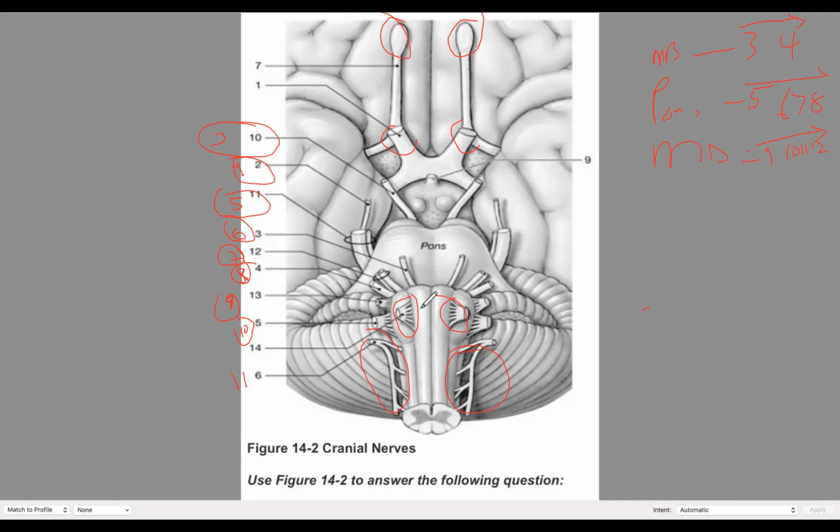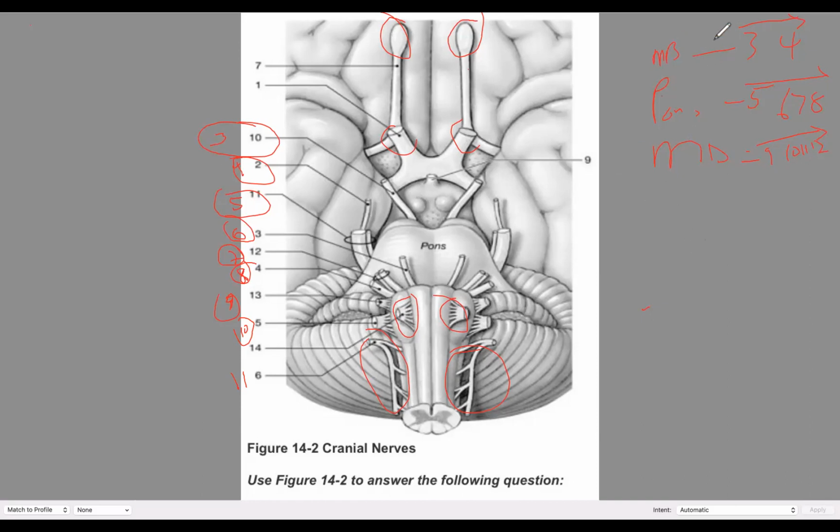But you have to remember that it is like several nerves joining together to form one. Yes, kind of like a confluence. And it's for neck movement. It helps move the neck left and right and all that.